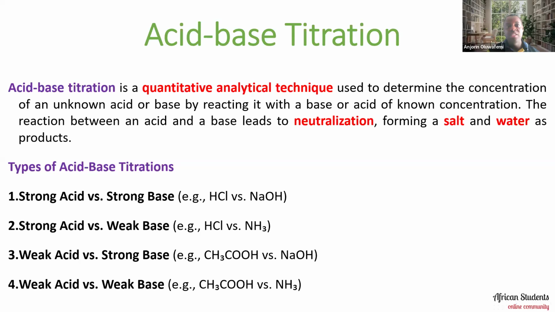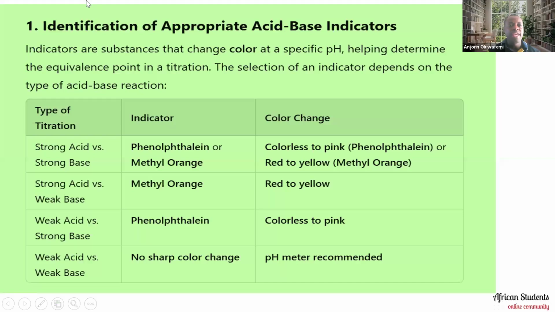Okay, so these are the types of acid base titrations that we have. For us to be able to go through titration, it is important that we take note of the fact that when titration occurs, leading to the formation of salt and water, which we call a neutralization reaction, there's something that we must include in our reaction vessel to tell us when indeed neutralization has occurred.